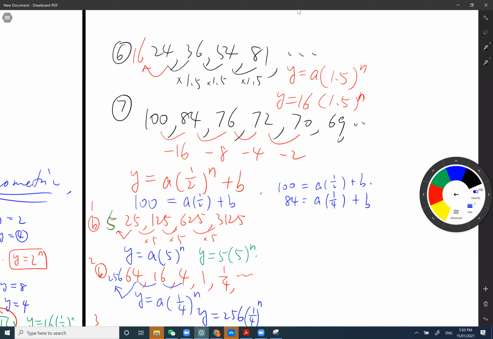Solve for a. 16 equals a times half minus a times quarter. So a equals 64.